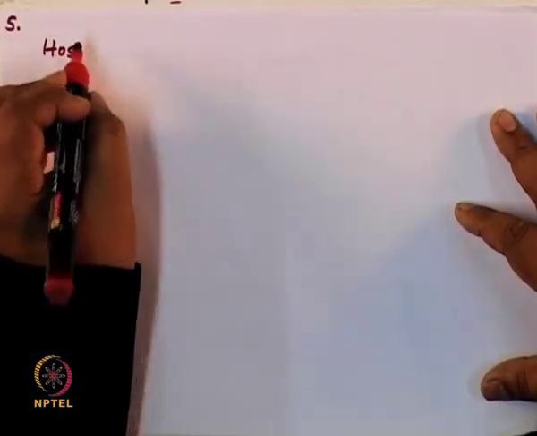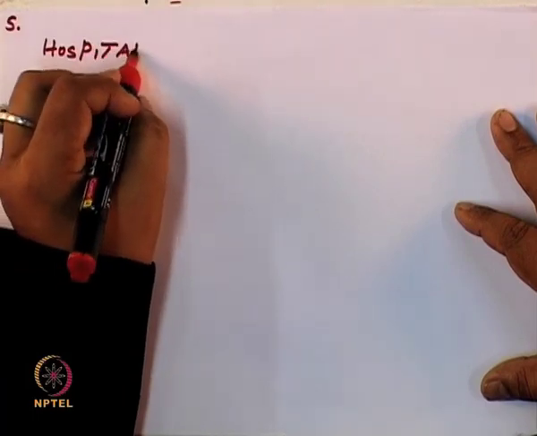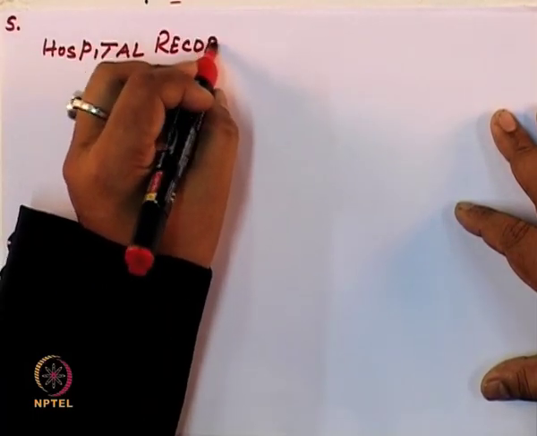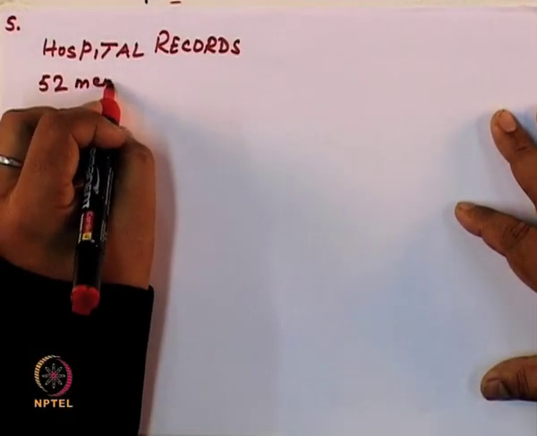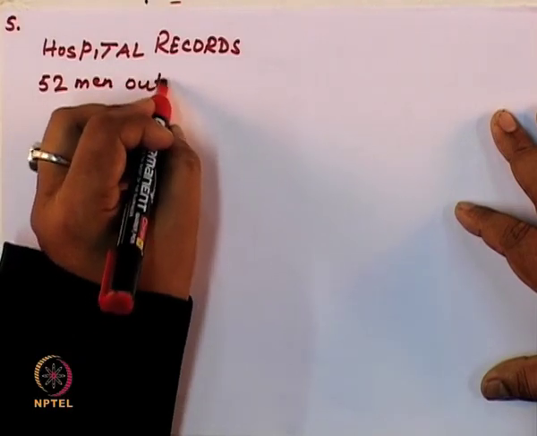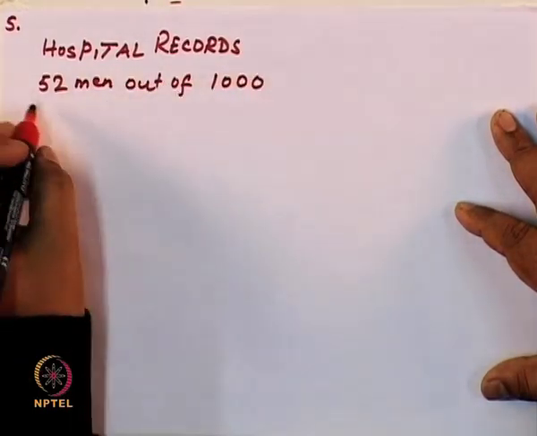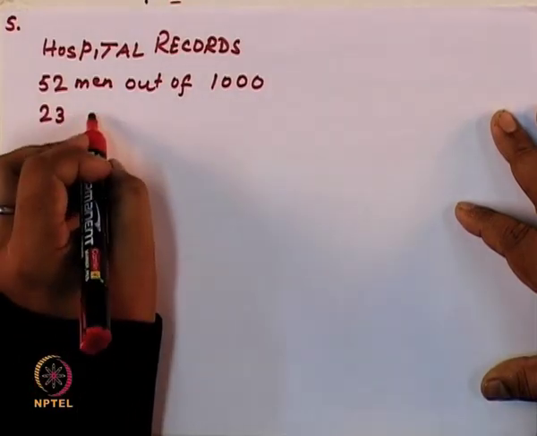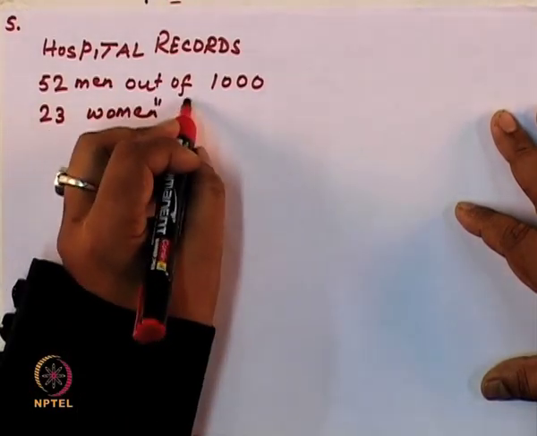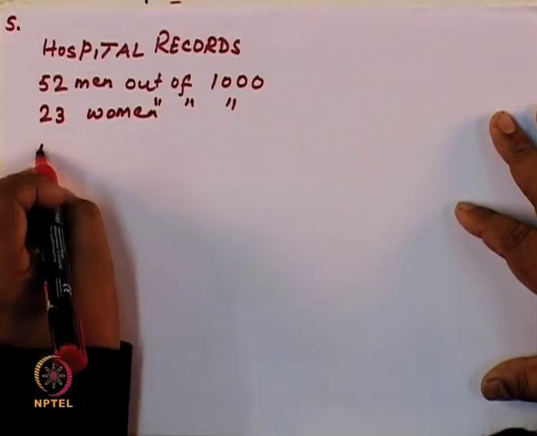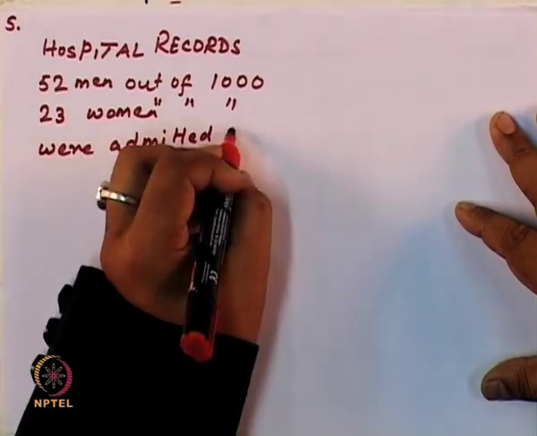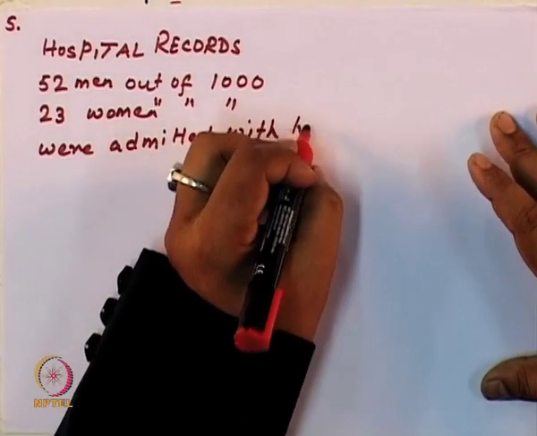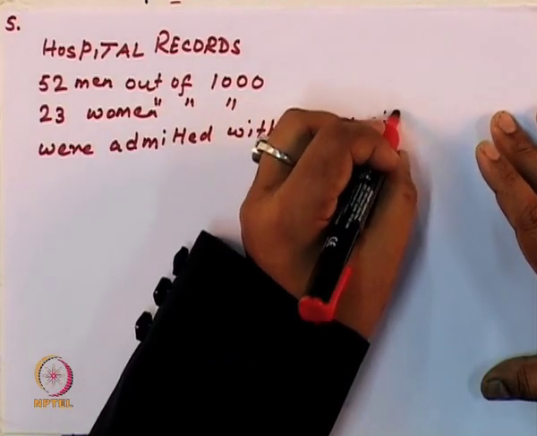So, imagine hospital records of a given hospital suggest that 52 men out of 1000 and 23 women out of 1000 were admitted with heart disease, heart ailments.